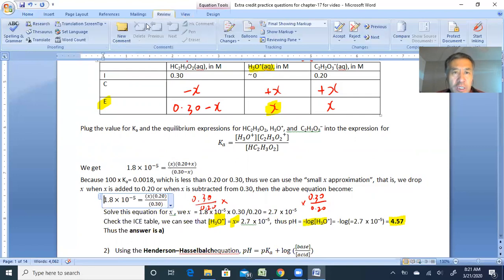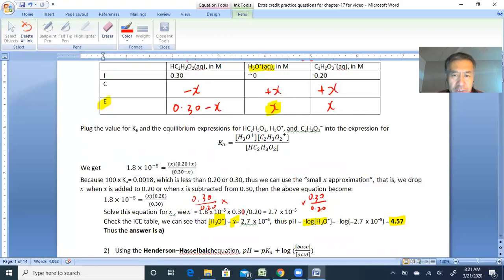The result is x equals 2.7 times 10 to the negative 5. Checking the ICE table, x represents the H3O plus at equilibrium. So H3O plus at equilibrium equals x equals 2.7 times 10 to the negative 5. Therefore, the pH equals negative log of the H3O plus molarity, equals negative log of this number.